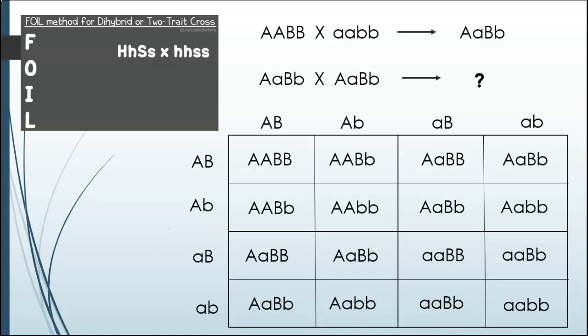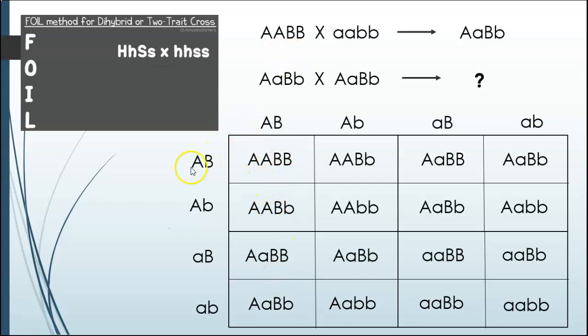Now, one thing I want to point out to you, when the parents aren't a dihybrid like you see here, maybe one parent has this type of genotype and one parent has this type of genotype, then you don't necessarily have to do all 16 squares in your Punnett square. If this parent can only produce one kind of gamete, then there's no reason to repeat the same thing 4 times.